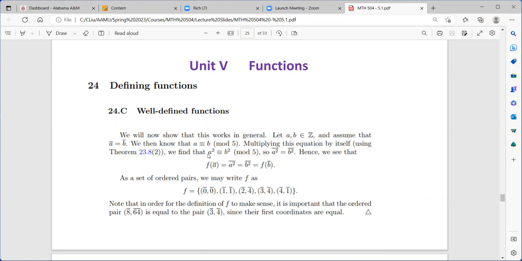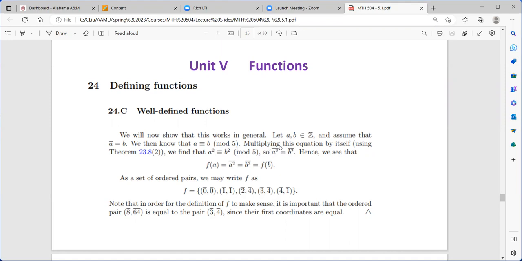So if you do that, A times A and B times B on the left and on the right respectively, you get A squared congruent to B squared modulo 5. And that's easy to prove, actually. By the way, this property, we already discussed in the other class. So that means obviously A squared bar equals B squared bar.